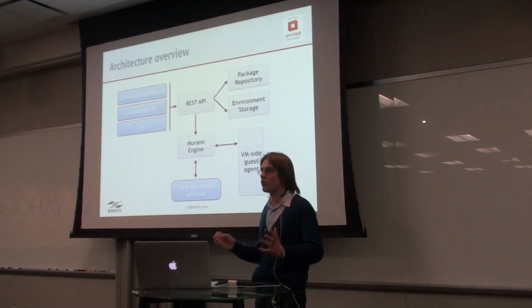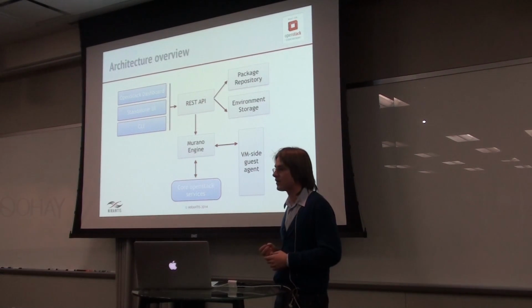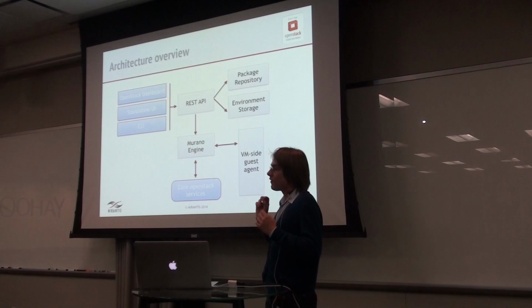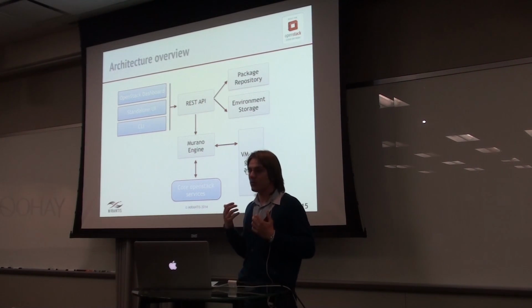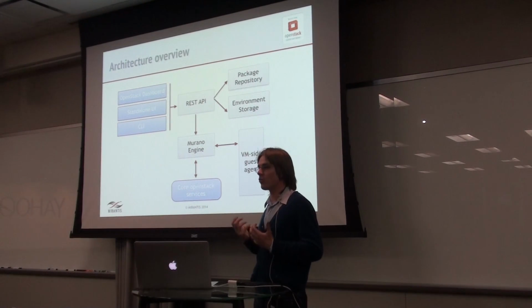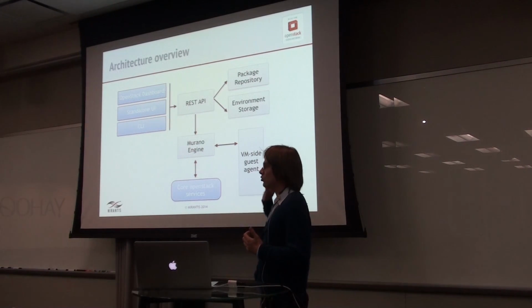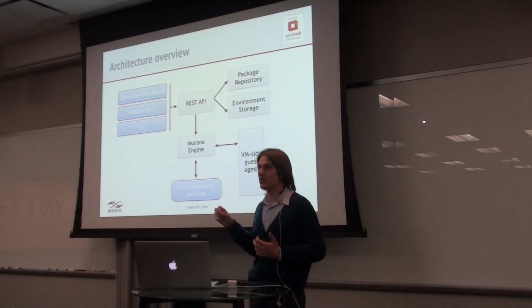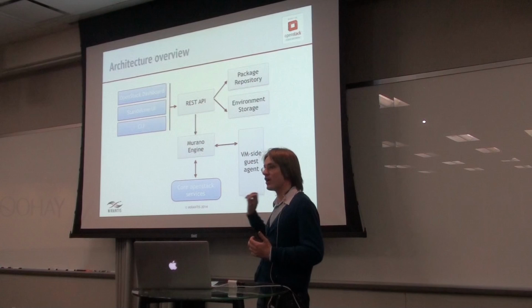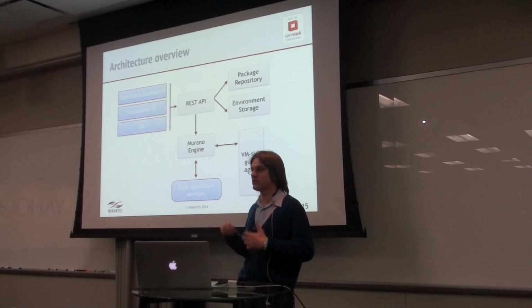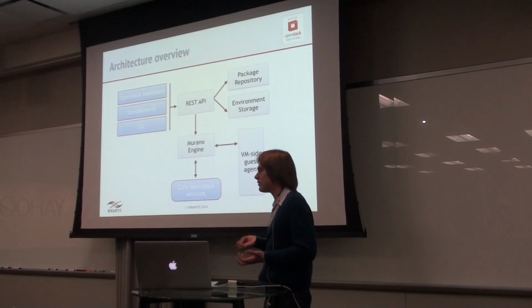This dashboard plugin provides most capabilities for working with Murano. It allows you to upload applications to the catalog, create environments out of those applications, deploy them, and maintain them.